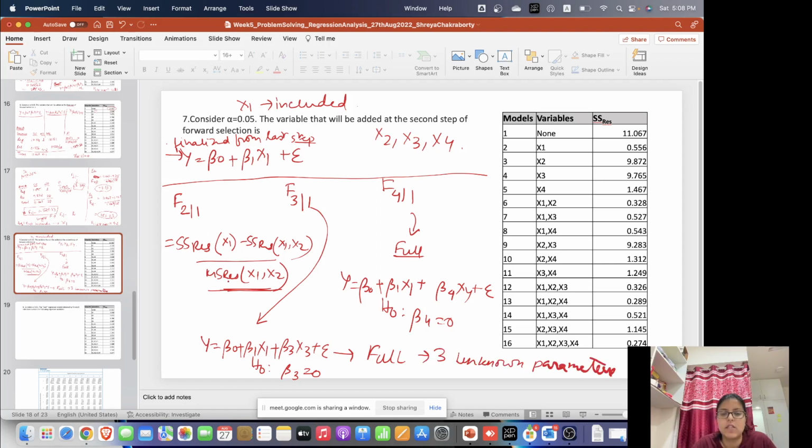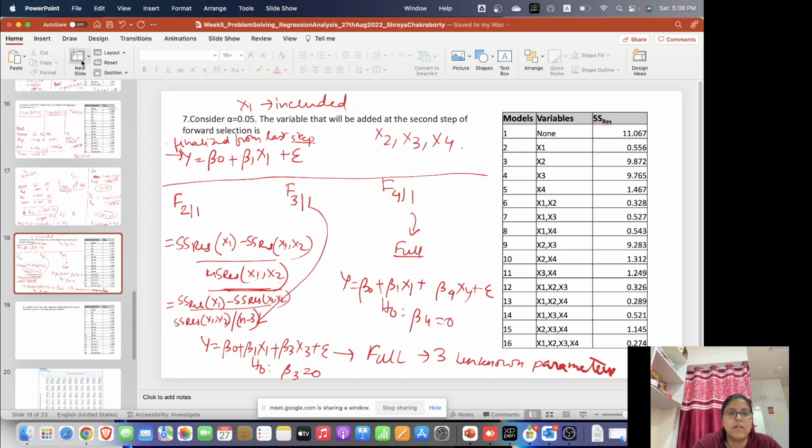The MS residuals x1 and x2 would have beta naught, beta 1 corresponding to x1 and beta 2 corresponding to x2, right? So in each case, if I write it again, it is SS residuals x1 minus SS residuals x1 x2 by SS residuals x1 x2 divided by n minus 3. Is this clear? Yes, ma'am.